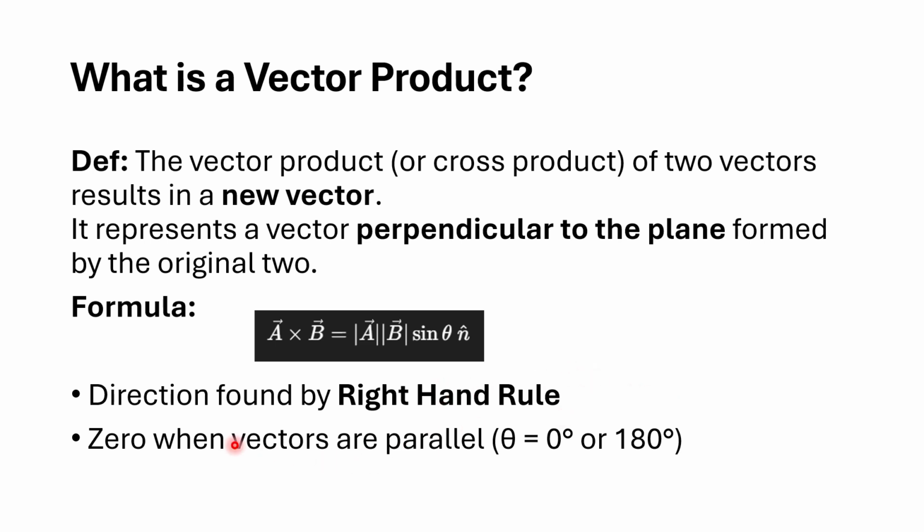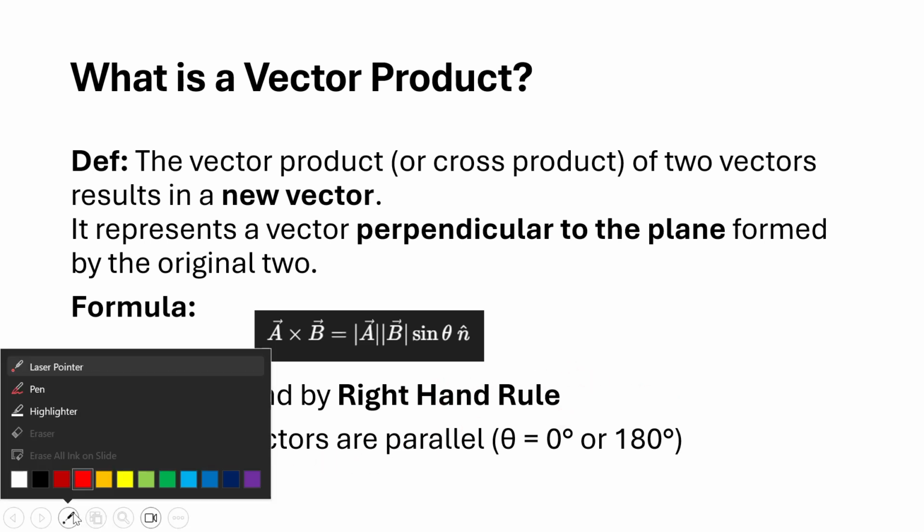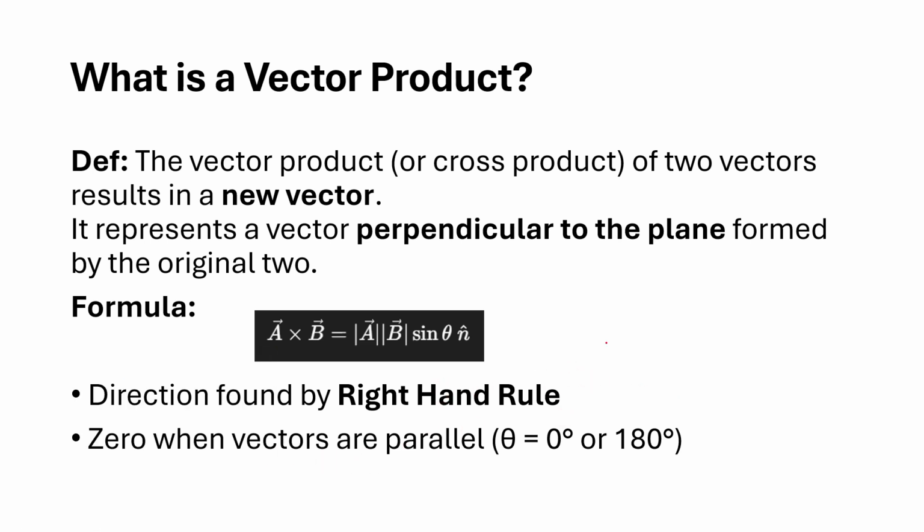If we have two vectors, how will we find the direction?